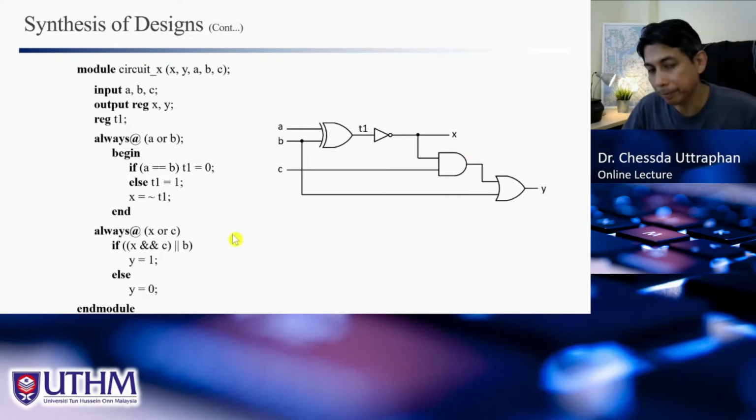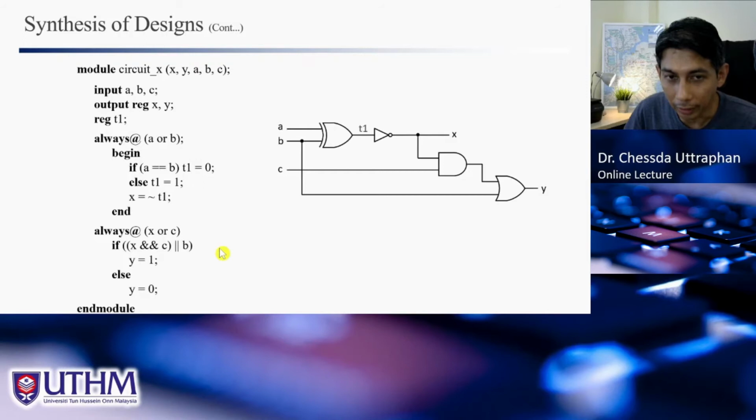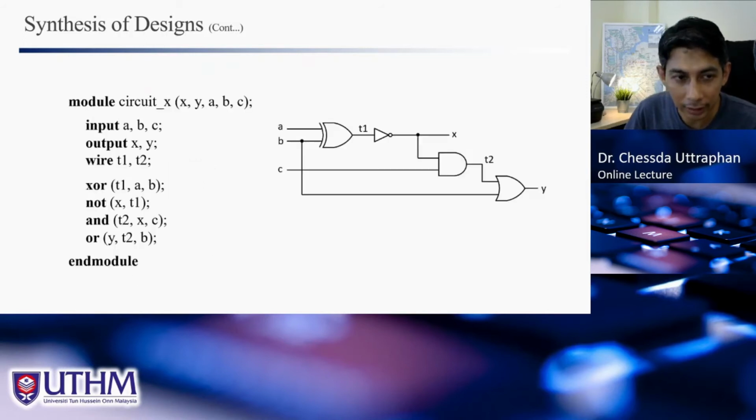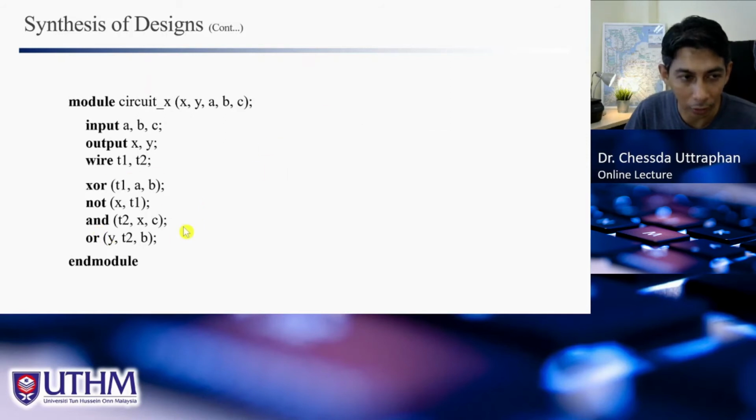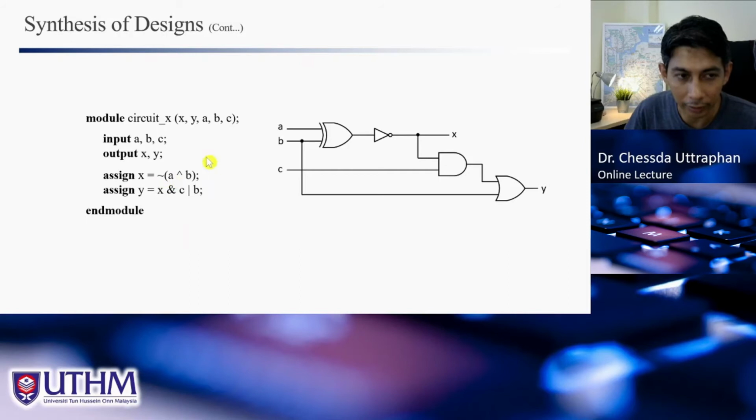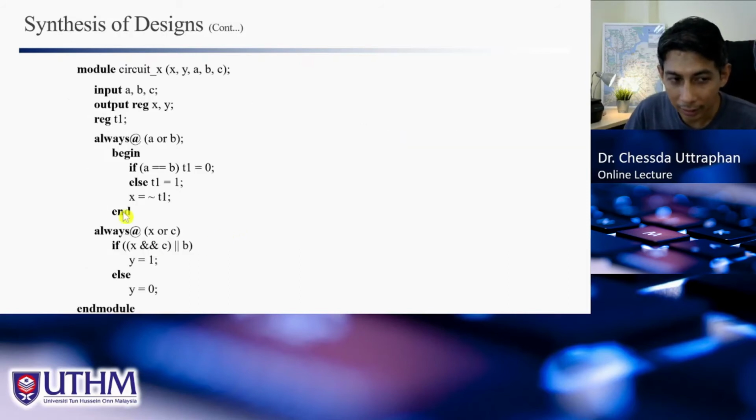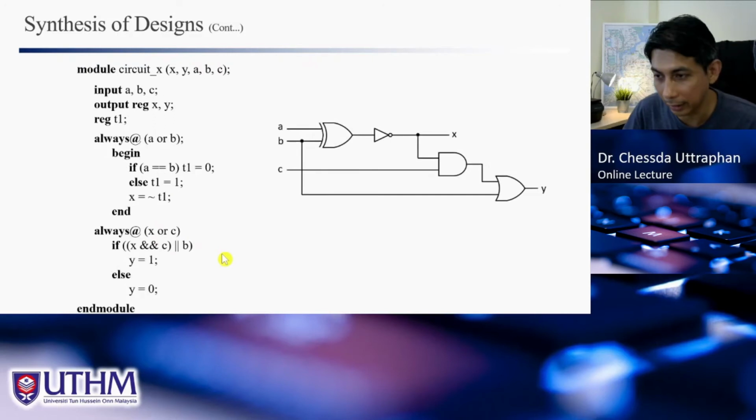And you can see that synthesizing the behavioral code is not easy as compared to data flow and structural, because structural can be directly mapped to the gate, and also the data flow. All right, the Boolean equation is directly mapped to the gate, but behavioral code is not that easy, right?